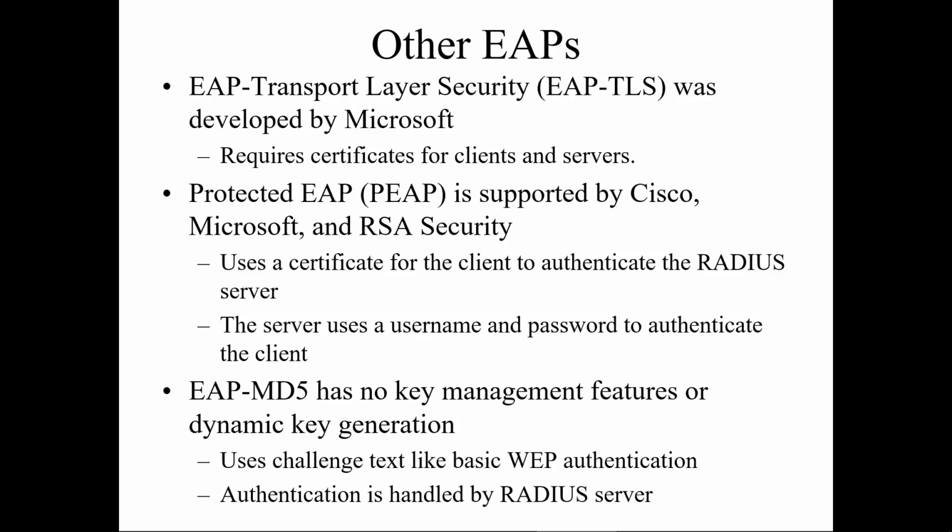There are plenty of other EAP types out there, but Cisco and Microsoft really push LEAP and PEAP, the Protected EAP. And all of that is encrypted traffic to the RADIUS server.